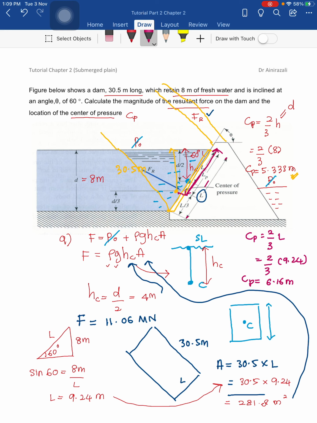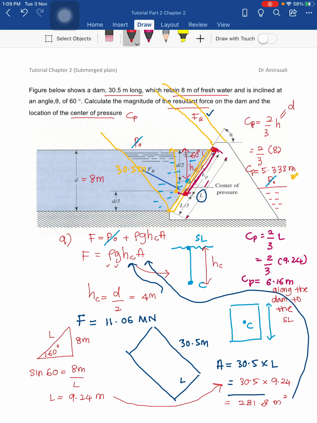So you have to write along the dam to the surface of the liquid. So 6.16 meter along the dam to the surface of the liquid. That's your center of pressure.